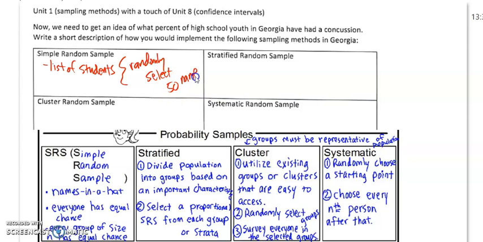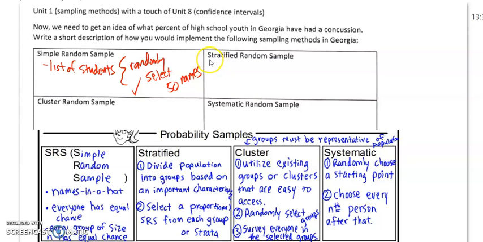And then, so now imagine we've got to go around and find those 50 students, contact them maybe via email or something, and provide the survey with them. So somewhat simplistic in its design, but trying to get those 50 randomly selected people. They're going to be all over the state, different places, and that's good. We wanted 50 totally randomly selected students to get an idea of what percent have had concussions.